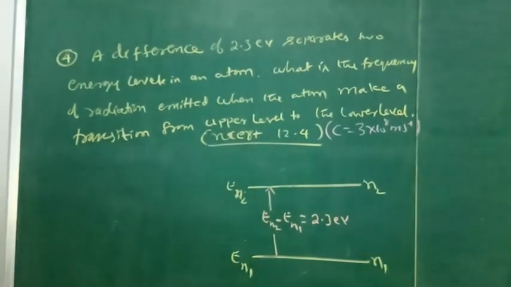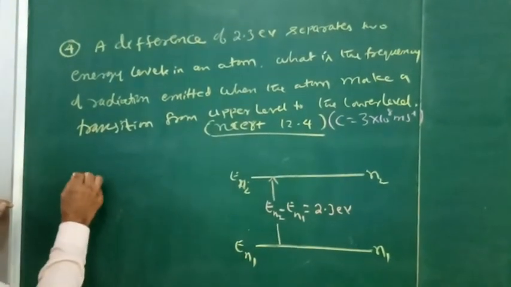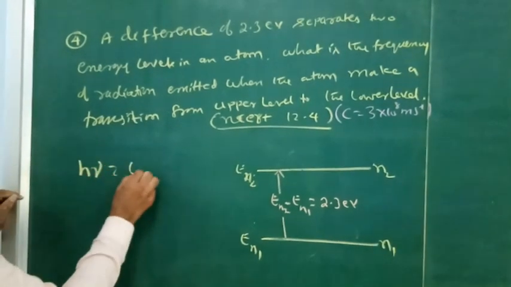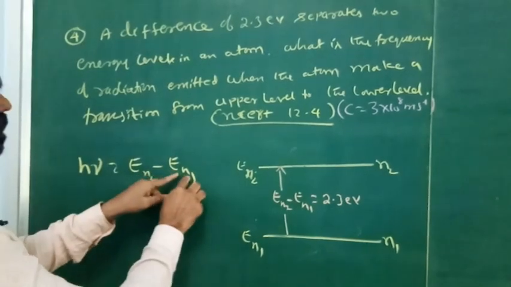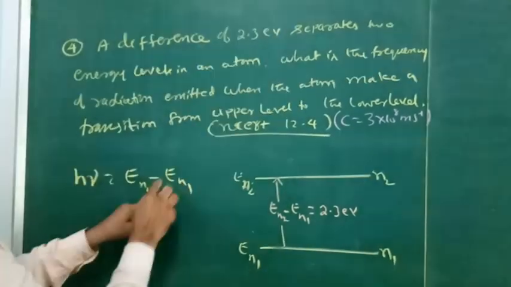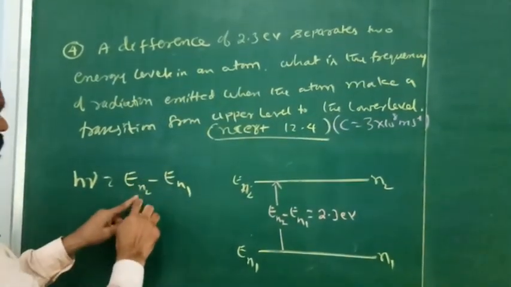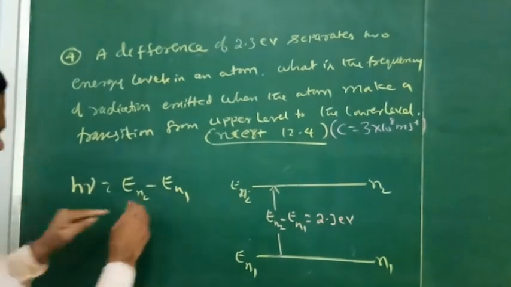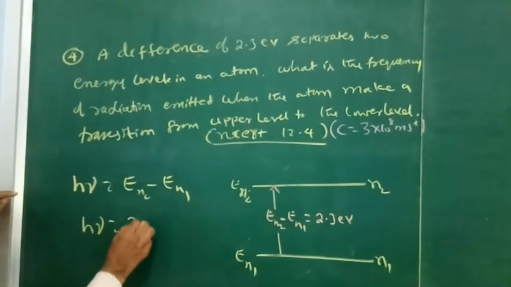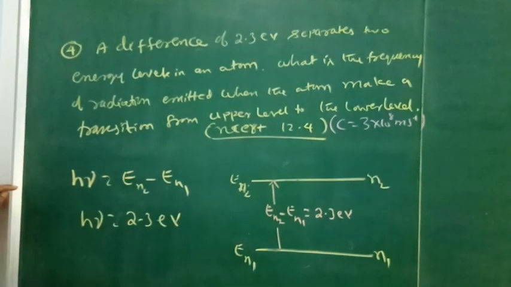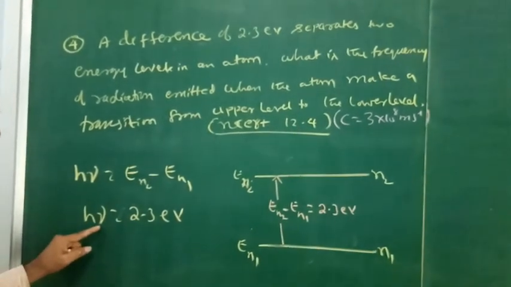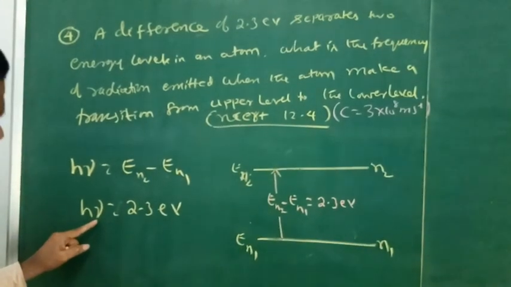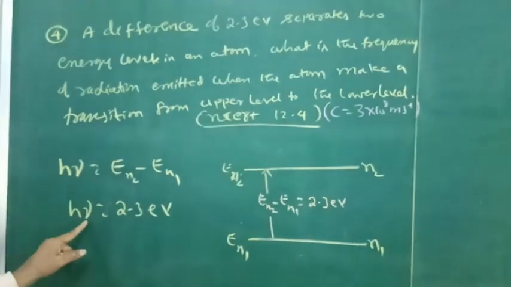You see, according to Bohr's third postulate, h nu is equal to En2 minus En1. Here En2 minus En1 is the difference between the two energy levels, that is given. h nu is equal to 2.3 eV. So in order to calculate frequency, you see frequency is expressed in hertz, that is the SI unit of frequency.